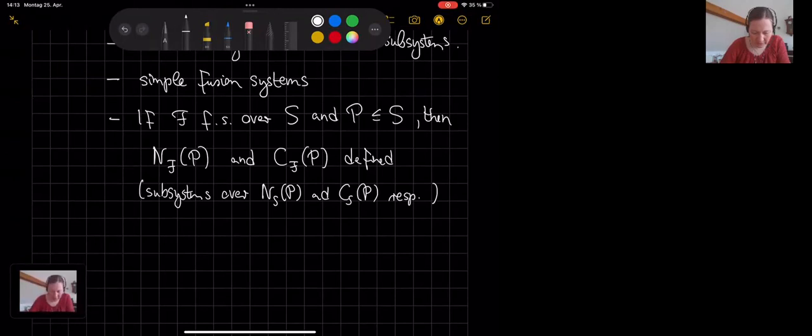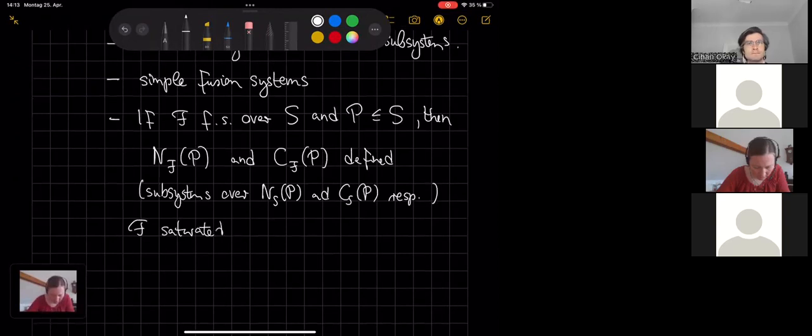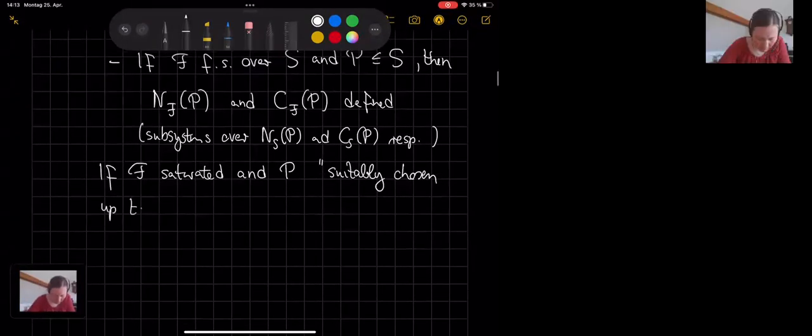Even if F is saturated, they are not necessarily saturated, but one can basically always arrange things such that they are. So if F is saturated and P is suitably chosen up to F-conjugacy, so what I mean here is up to moving to an F-isomorphic object.